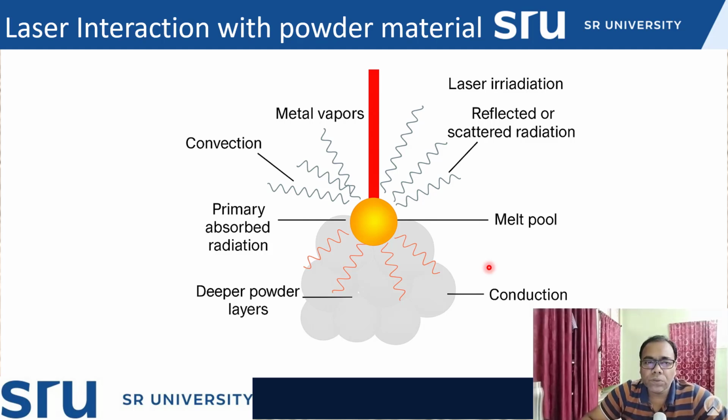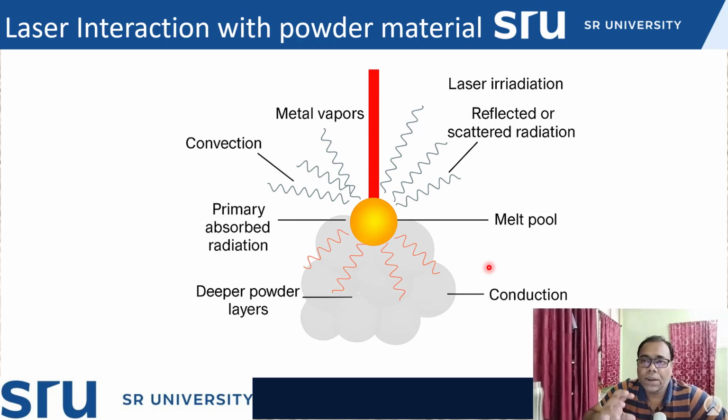Now coming to the laser interaction with the powder materials. As we know, only a certain percentage of the energy the laser beam has actually goes to heating the powder material. Where does the remaining go?